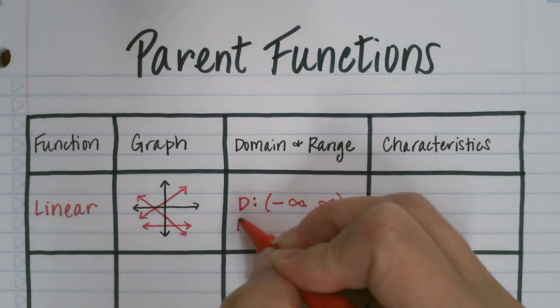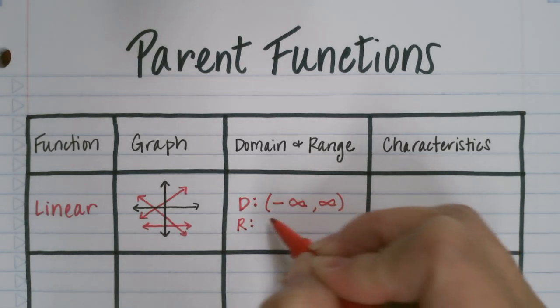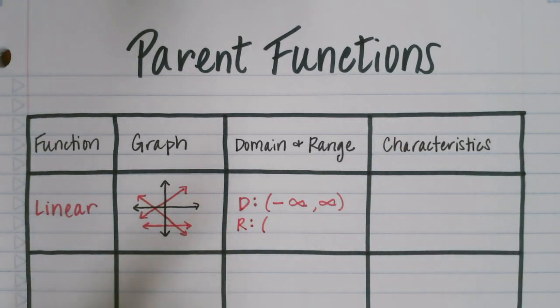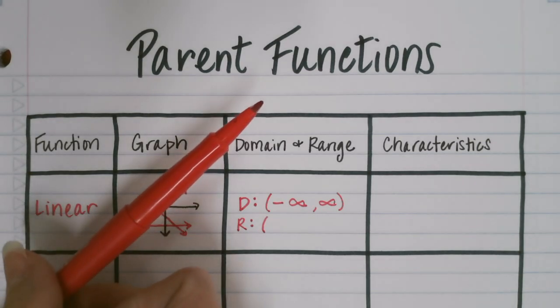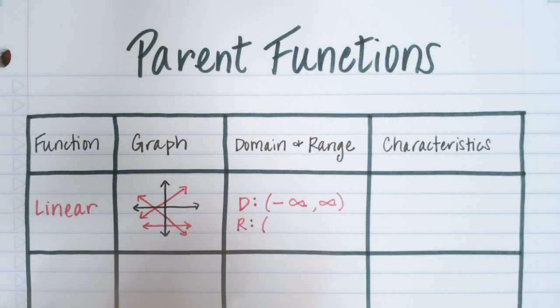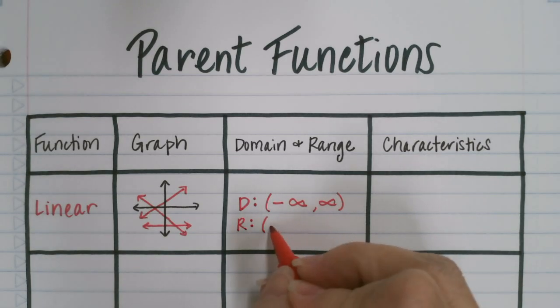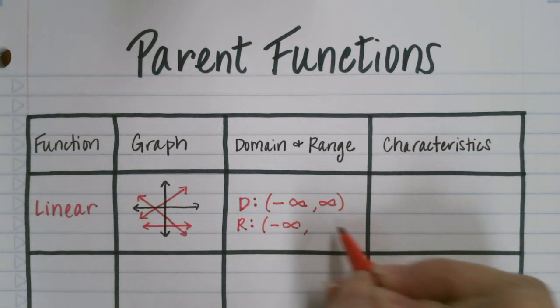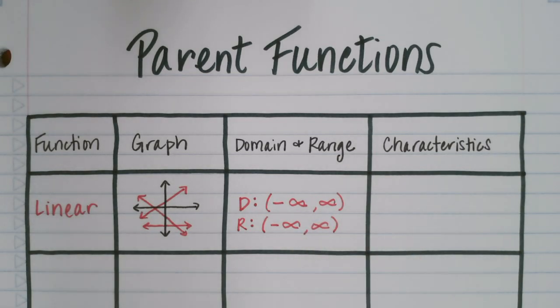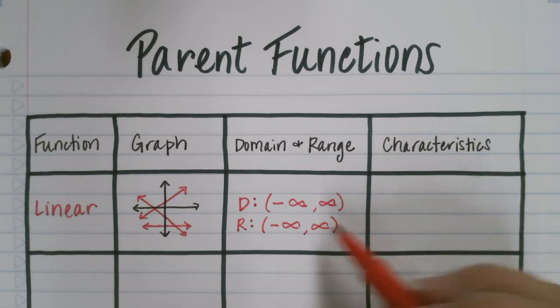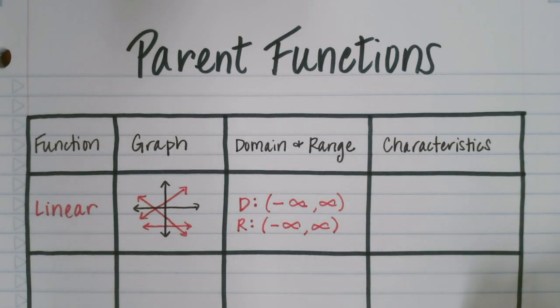And then this is one where the range is going to be exactly the same. So this line is going to continue to go up. That line is going to continue to go down. Now, if you have a horizontal line, that is different, but for the majority of our lines, anything that's not horizontal is going to have a domain and range that is all real numbers.